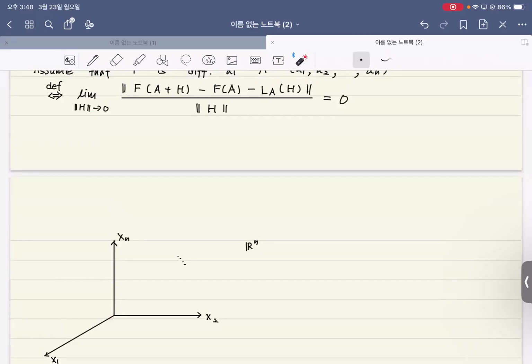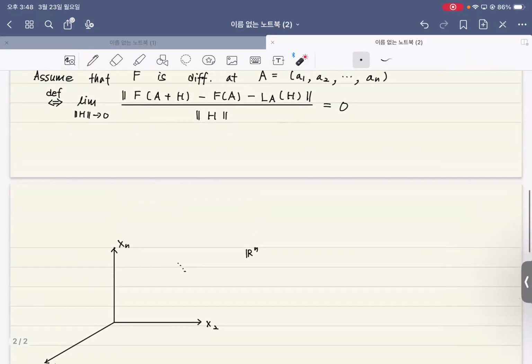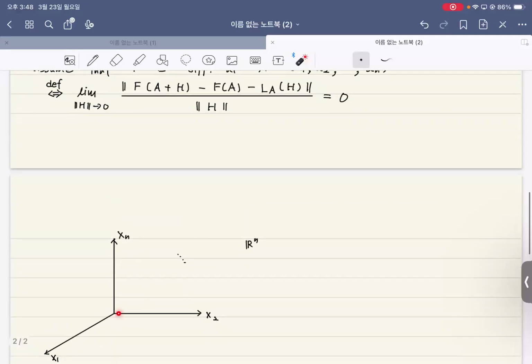And the limit of this guy exists and equals 0 means the vector H is tending to the origin, right? This is what limit H goes to 0 means. So vector H is tending to 0, but there are infinitely many different ways that H is tending to 0.